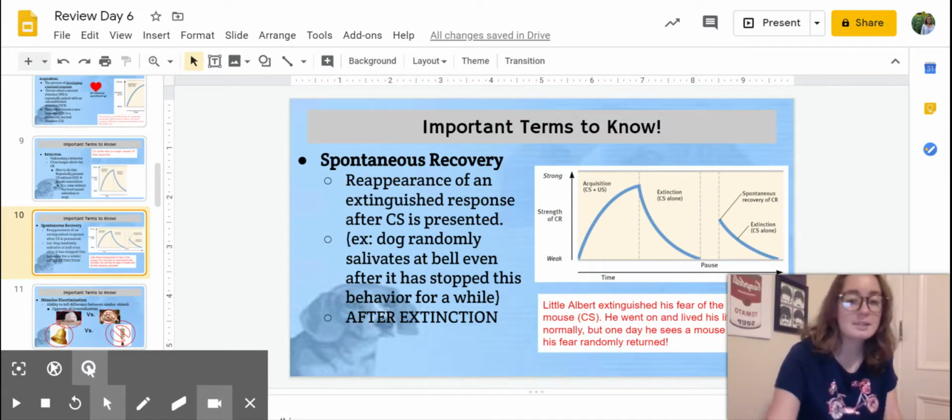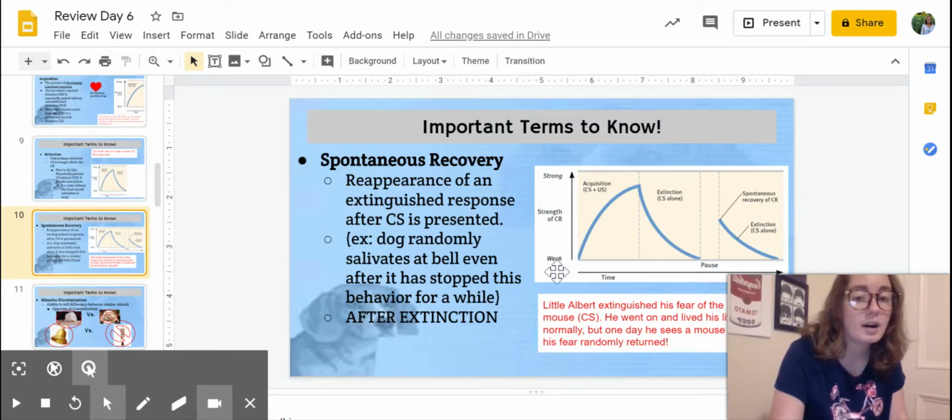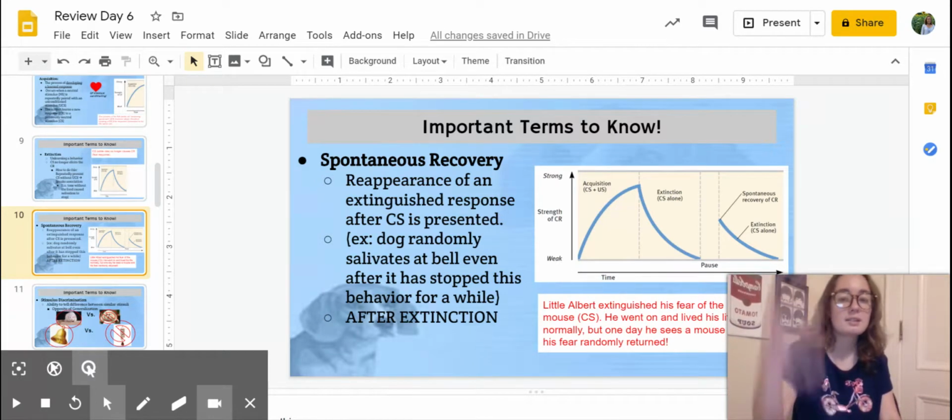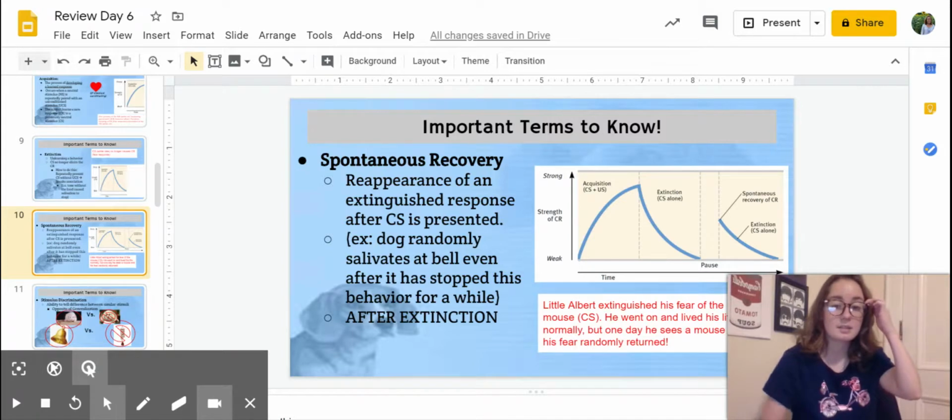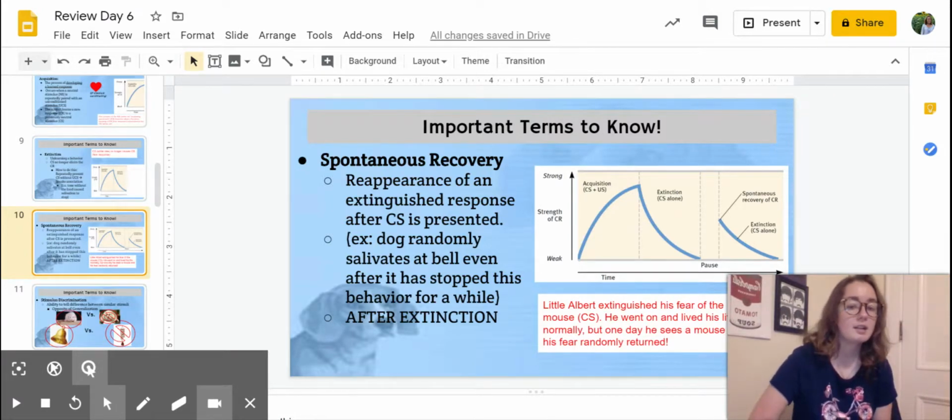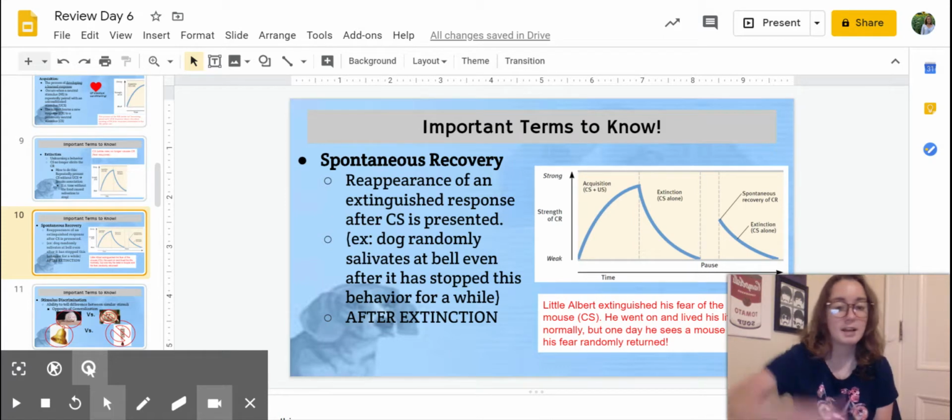But then after this pause comes the reappearance of an extinguished response, just randomly. The dog would be totally fine and hear bells all the time and not be drooling. But then randomly, it's spontaneous, a bell will ring and the dog's just going to revert to that old response of drooling.